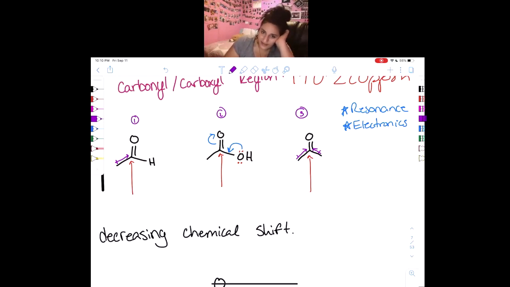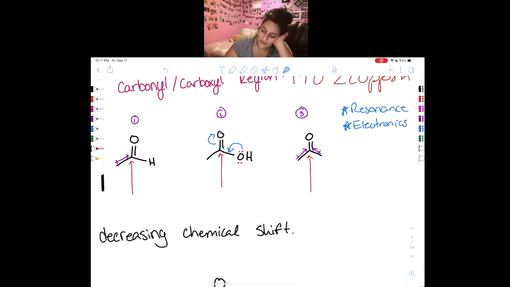Between 1 and 3, we have 1 carbon donating group or 2 carbon donating groups. Between these two, the most shielded one is going to be the one with 2 donating groups, right? So we can already tell that 3 is more shielded than 1.